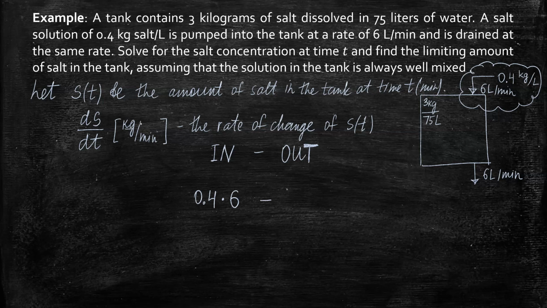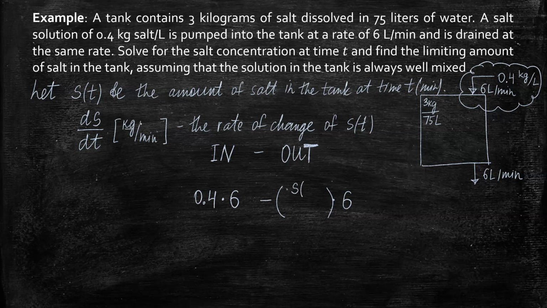Now, the rate at which the salt comes out can be found similarly. So we're going to multiply something by 6 because there are 6 liters per minute, and we just need to figure out how many kilograms of salt per liter are there. And how do we know how much salt per liter is in the tank at time t?